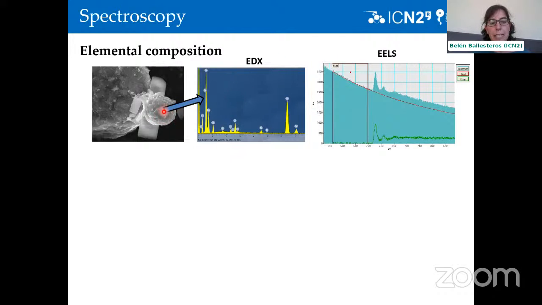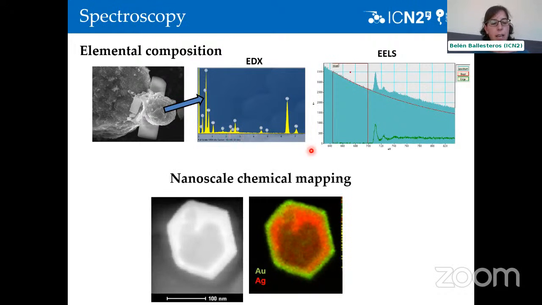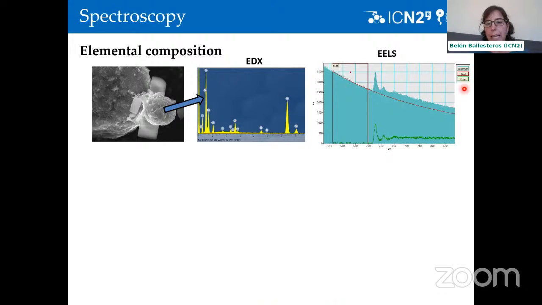We were analyzing in these particles which elements we had, and there is iron, titanium, chlorine. Each of these peaks corresponds to a particular element. And also, we can do EELS. This is the type of graph that we would get. This is the background here, and this peak here, in this case, is at 708 electron volts, and this corresponds to iron.